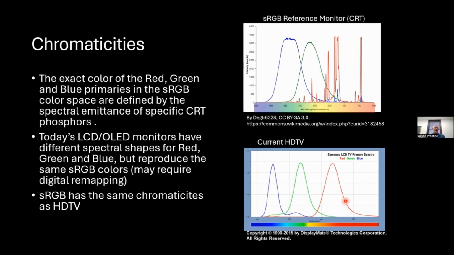Here's an example of an LCD, which is probably more like what you're looking at right now. And these represent your RGB. Now, on this monitor up here, it turns out that the RGB values in sRGB were designed to display directly on that monitor without any processing, no color transforms, straight to the monitor.